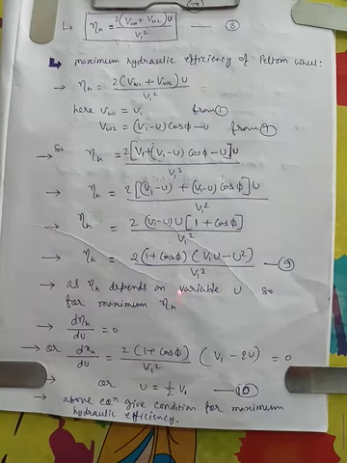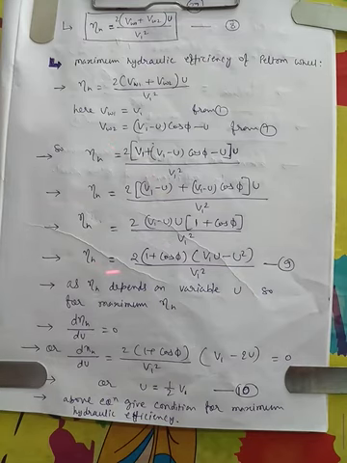For maximum efficiency, as we know, if y is a function of x, then for the maximum value of y we put dy by dx equal to 0, find the value of x, and put it in the function y equals f(x) to get the maximum value of y.